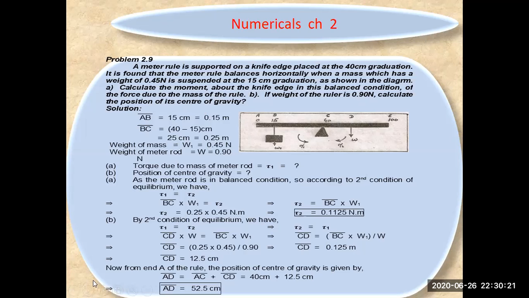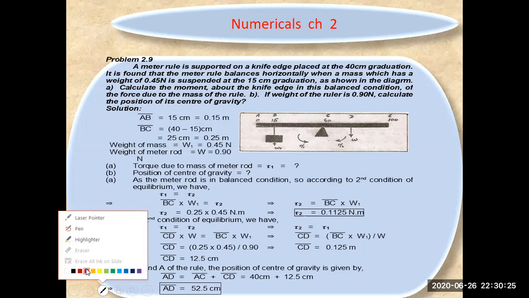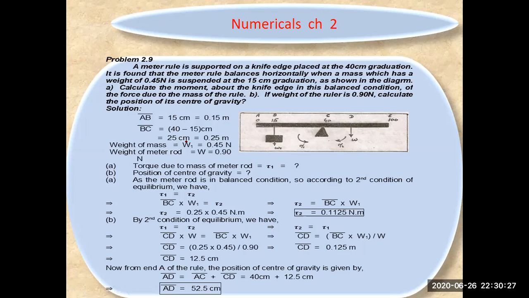What you are given, first of all, see the main values given. If you look here, it is BC, 15 centimeter. And AB is 15 centimeter.